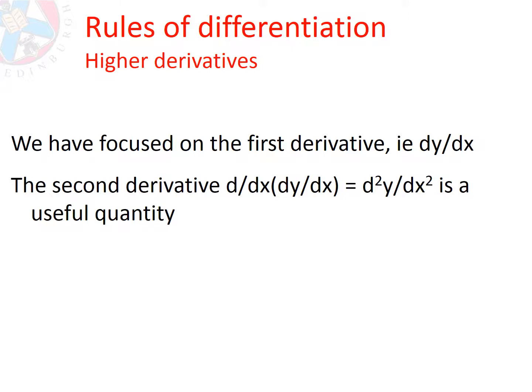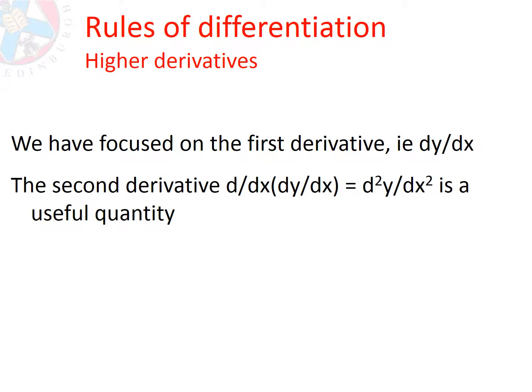So if you've got y equals some function of x, and I wanted to do dy/dx, that's the same as f dash of x. And if I wanted to differentiate it again, you'd use this terminology here.